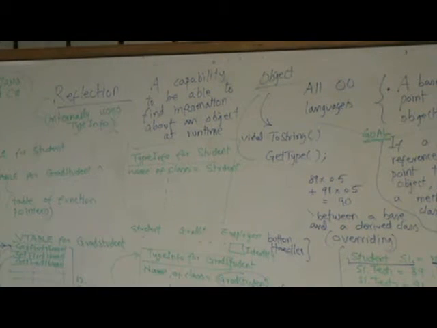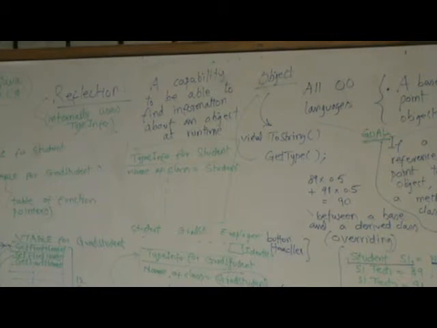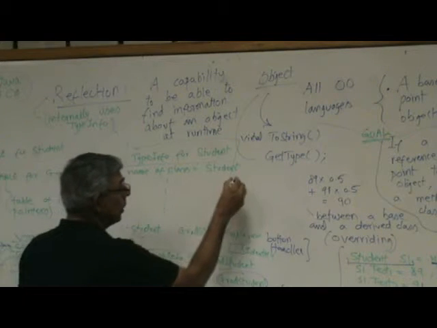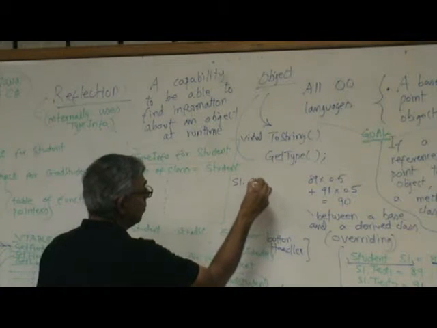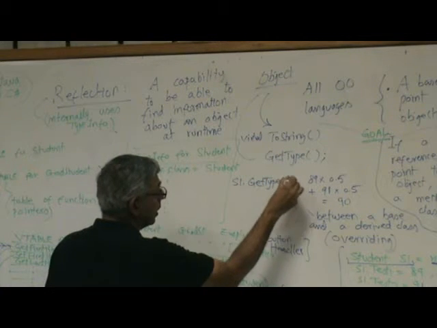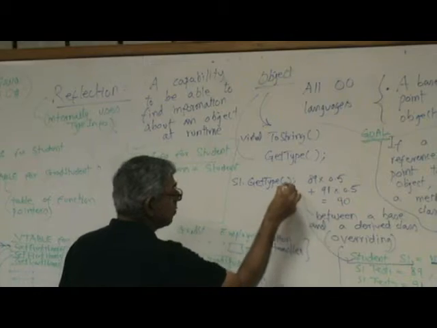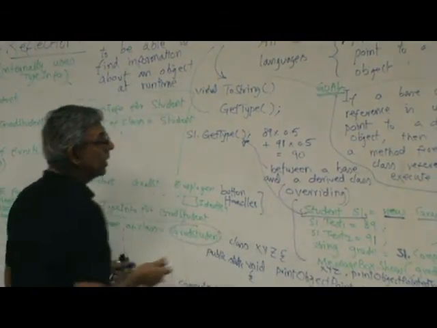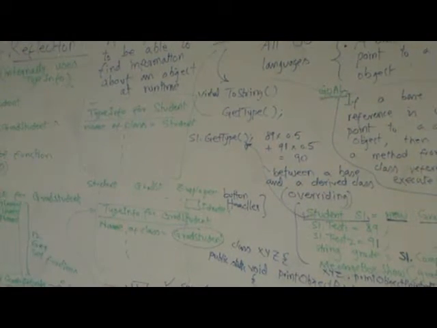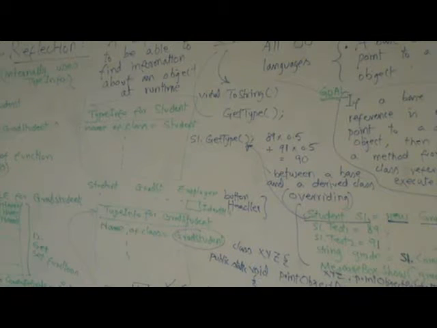So what's the purpose of GetType? Once again, we can call GetType through anything, s1.getType for example. After s1 has been allocated some object, we can call s1.getType.